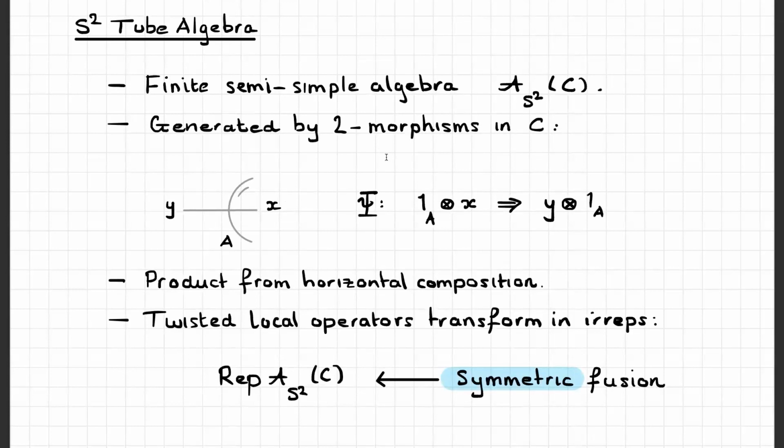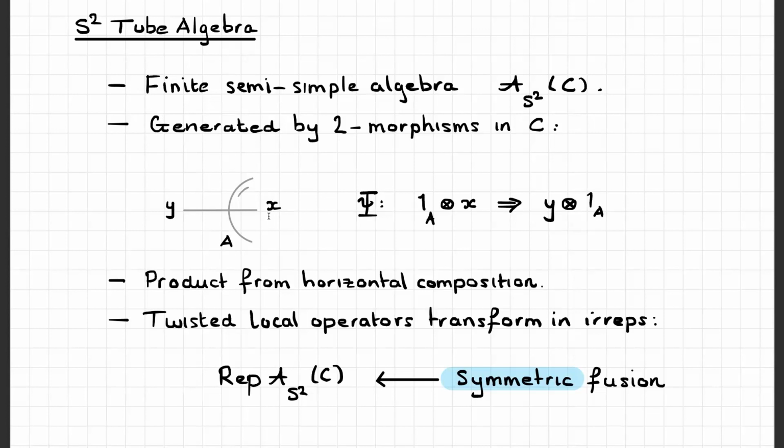So what are we going to claim? Well, what we'd like to build is again a type of tube algebra. But it's now a tube algebra associated to a 2-sphere, because the thing that is linking is a 2-sphere. And again, it's a nice finite semi-simple algebra that you want to build out of your fusion 2-category. This time, instead of being generated by 1-morphisms, it's generated by 2-morphisms. The way you build it is like before.